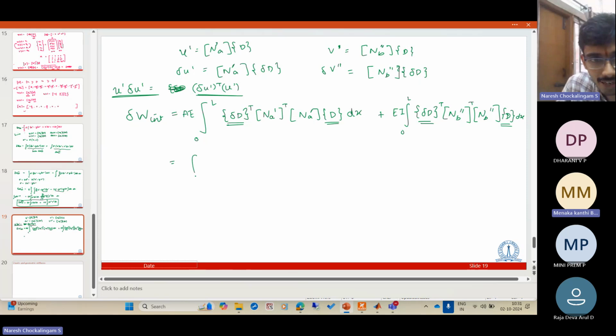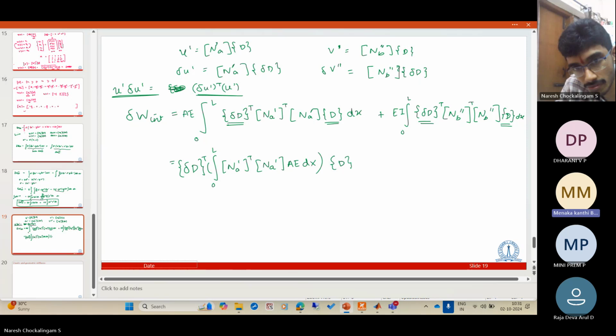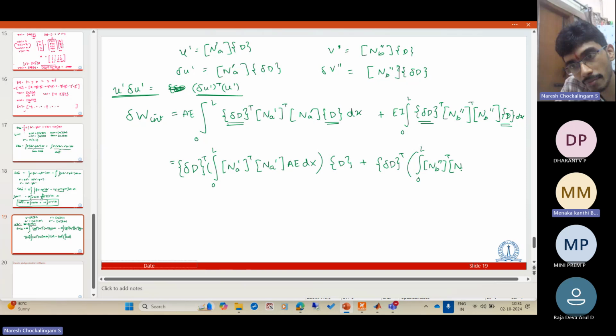So you get del D transpose integral 0 to L, AE doesn't matter, you can take it inside, NA dash transpose NA dash AE dx, this entire thing multiplying D, plus you have del D transpose integral 0 to L NB double dash transpose NB double dash EI dx multiplied with D.